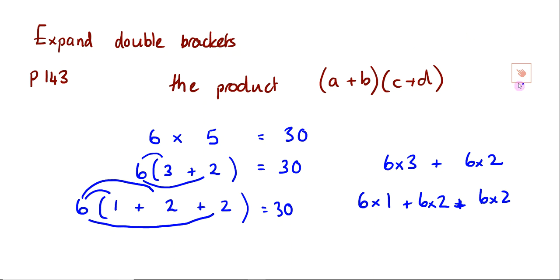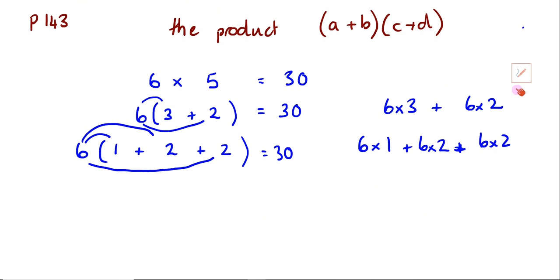Now, what we're looking at is what happens if I split up the 6 as well. What if I did 2 plus 4 lots of 3 plus 2? That is still 6 times 5, and the answer has to be 30.